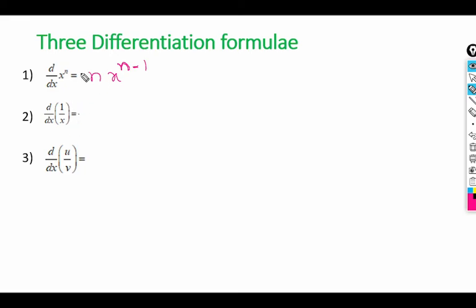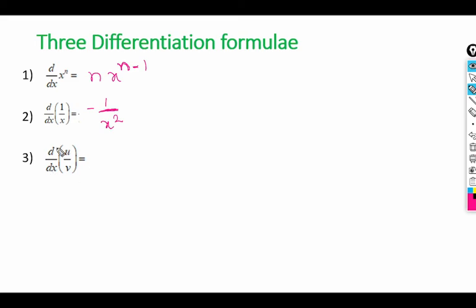The derivative of 1 by x we get by the same formula, by replacing n by minus 1. It becomes minus 1 into x raised to minus 1 minus 1, that is minus 1 into x raised to minus 2, which is minus 1 upon x square.